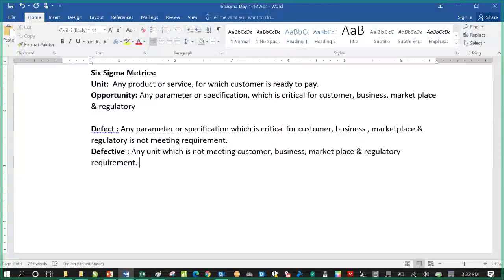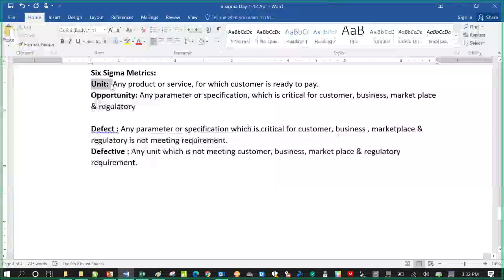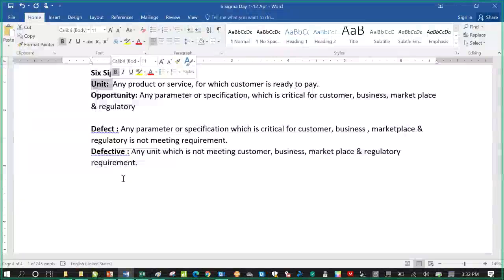So now, what did you understand with these four things? Your unit, if it is not meeting, is a defective. So when there is any parameter which is not meeting, and when you look at the parts wise, it is a defective. Defects will be opportunity wise.